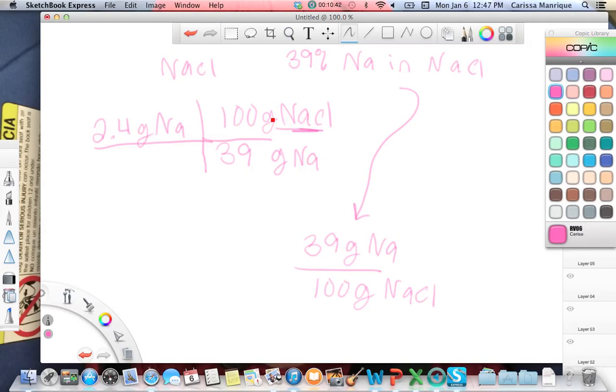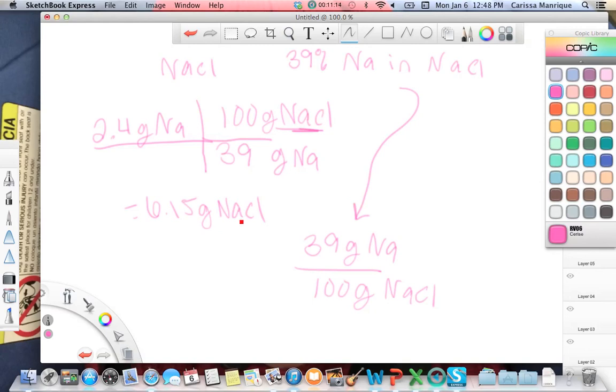We have 2.4 times 100, all divided by 39, 6.15. Okay, we can have 6.15 grams of sodium chloride in a day, max. And why are these numbers different? Because sodium chloride includes sodium and chlorine.